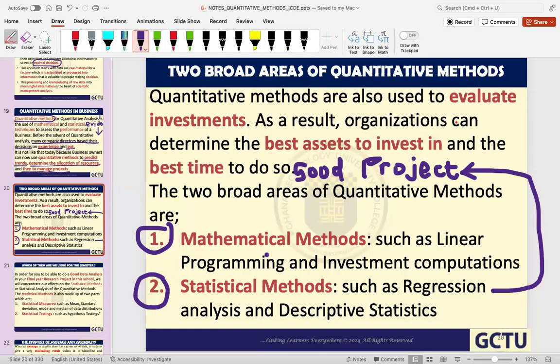The mathematical methods can be treated during your master's degree if you are intending to read your master's. Your master's degree, we will treat the mathematical methods.